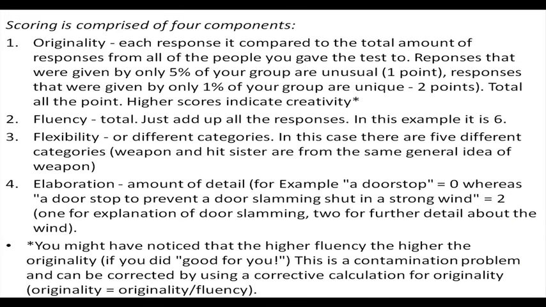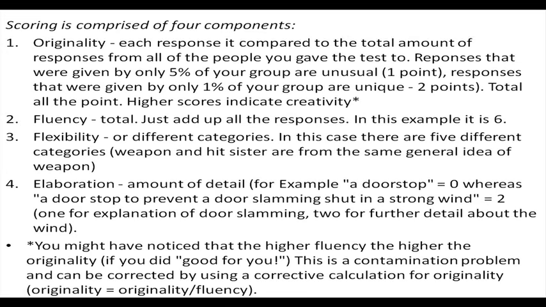And similarly, whether the idea is original: if an idea is given by 5% of the group members, it is definitely unusual, so 1 point is given. If it is given by 1% of the group members, it is unique and 2 points are given, and the higher the total points, the higher is the originality. Similarly, elaboration is the amount of detail that the person taking the test is able to provide.